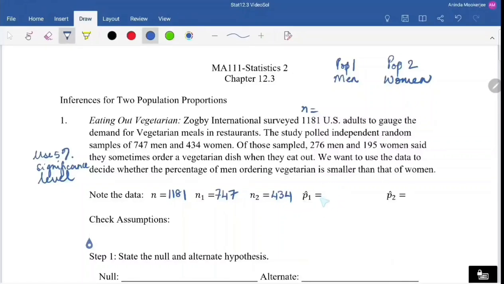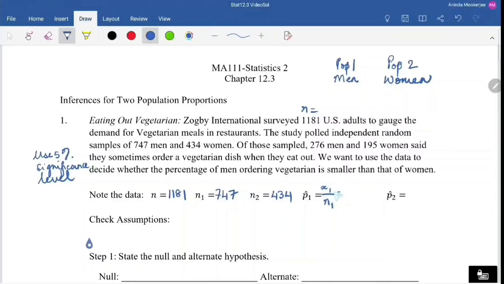Now, next, we have to find p hat sub 1. That means the sample proportion of men who responded yes to the question that they order a vegetarian dish when they eat out once in a while. All right. So again, the formula for the sample proportion, keep in mind, is going to be x sub 1 divided by n sub 1.